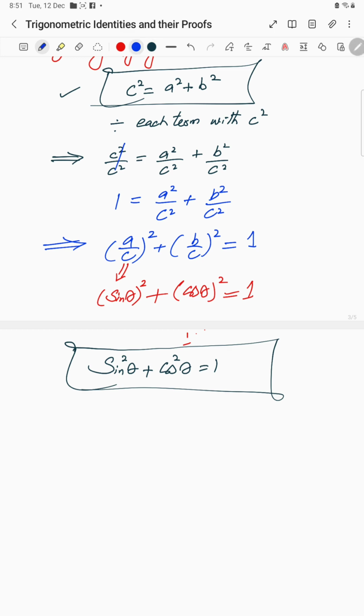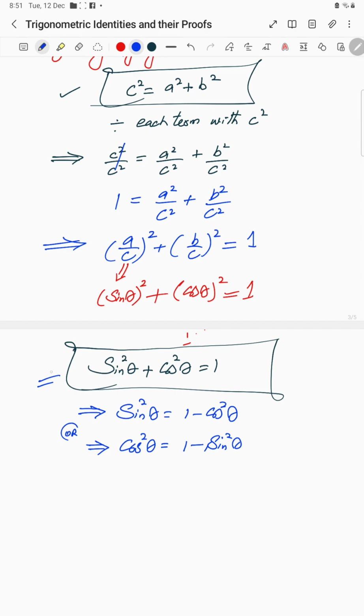From this rule, we can also extract two further identities. If you want sine square theta, then with this identity, isolate it and take the cos square theta to the other side, and we will get sine square theta equal to 1 minus cos square theta. Or if we want to find the value of cos square theta, it will be 1 minus sine square theta.